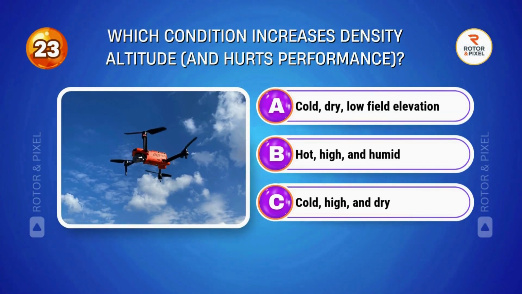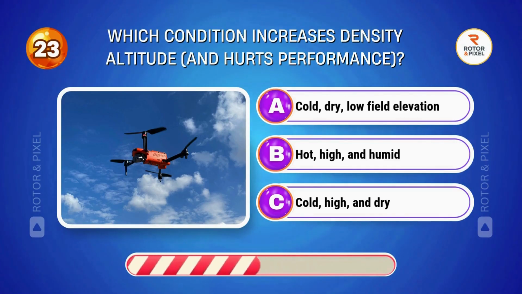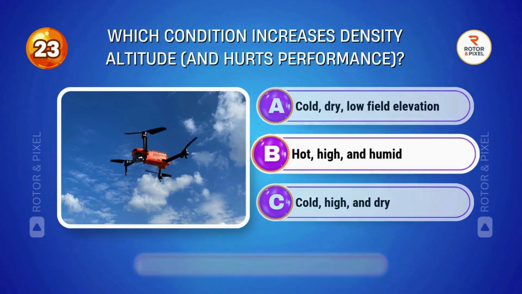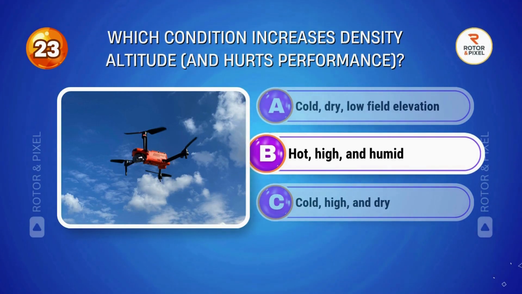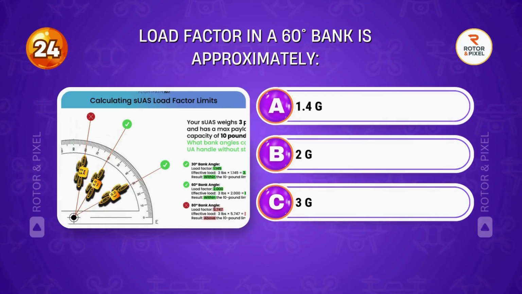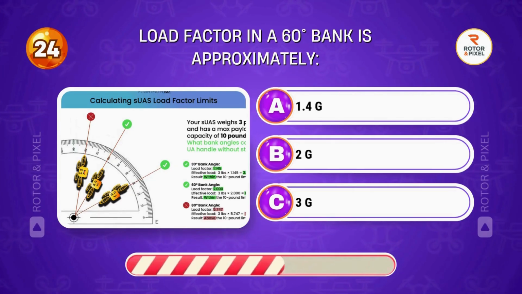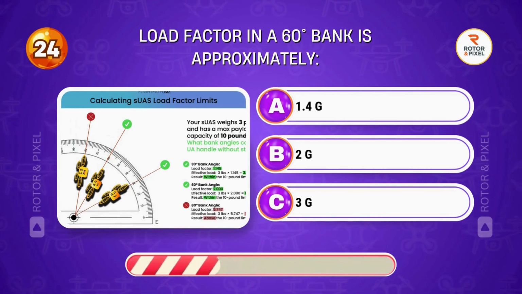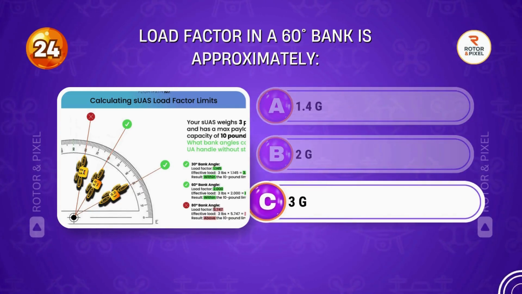Which condition increases density altitude and hurts performance? Answer B, hot, high, and humid. Load factor in a 60-degree bank is approximately... Answer C, 3G.